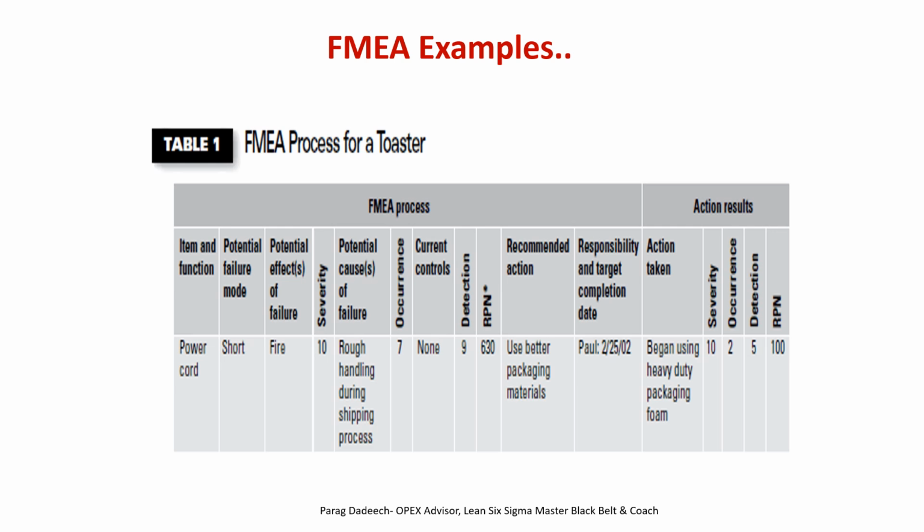The occurrence rating, therefore, is say 7, which is high. The current controls are none, so the detection rating is 9. That is very remote chances of detecting. So your initial RPN score is 10 multiplied by 7 multiplied by 9, which comes to 630. Indeed, quite a high RPN score.